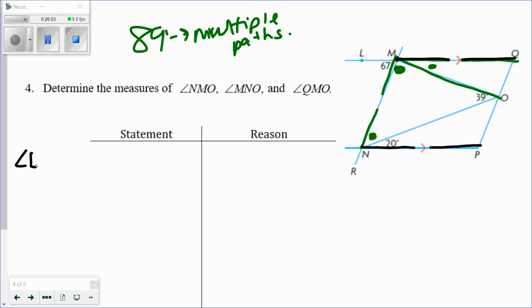So I started out with angle LMN is equal to angle MNP. LMN is this one over here, MNP is this one over here. The statement that I'm using, from the previous day, is that alternate interior angles are equal if the lines are parallel.